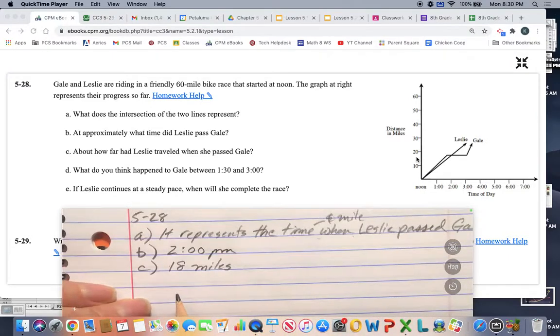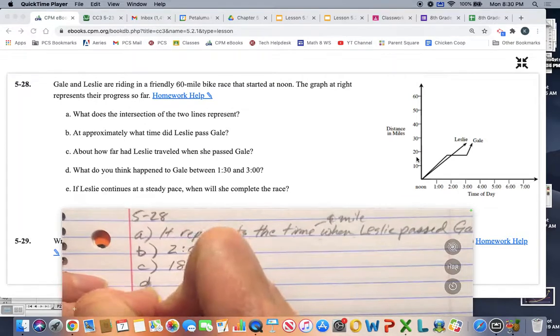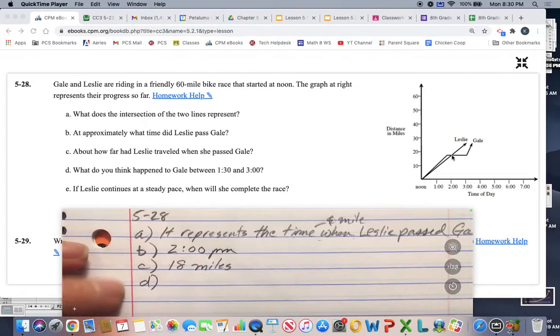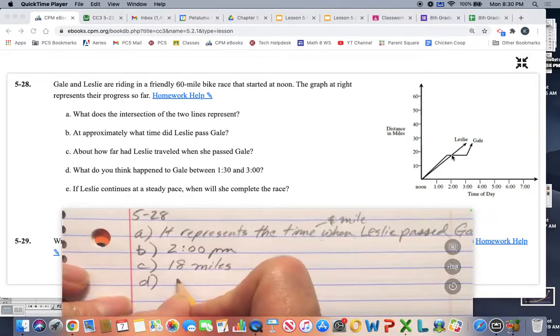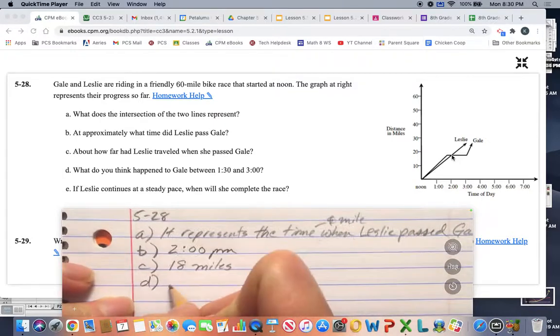And then what do you think happened to Gail between 1:30 and 3? So that is the time. So 1:30 is about here and 3 is about here. So that's the time when Gail was stopped. So probably her bike broke or maybe she got a flat tire.